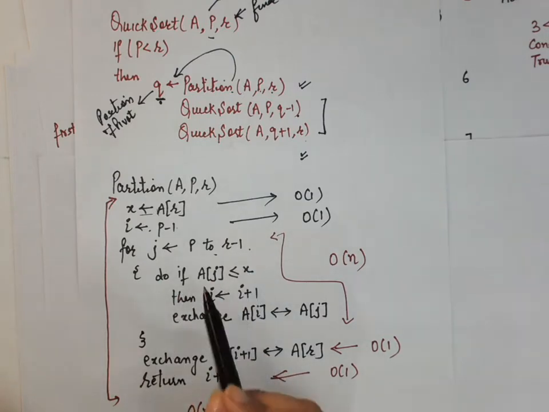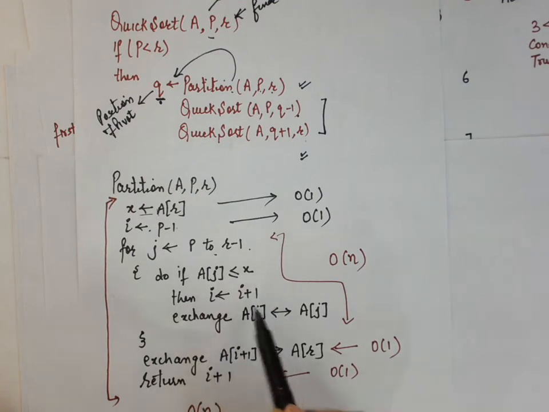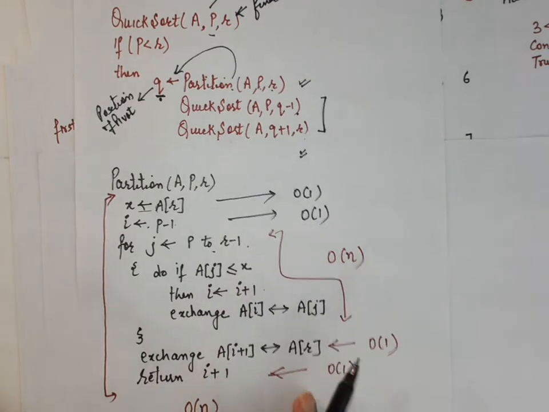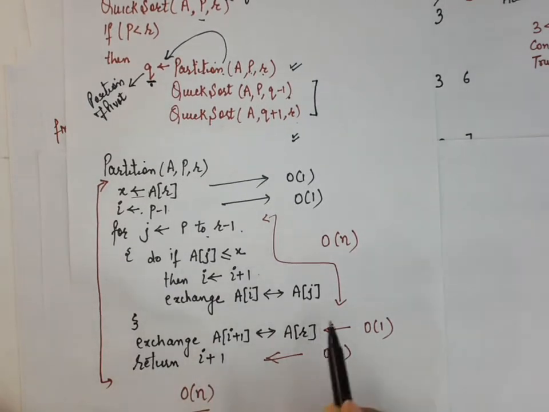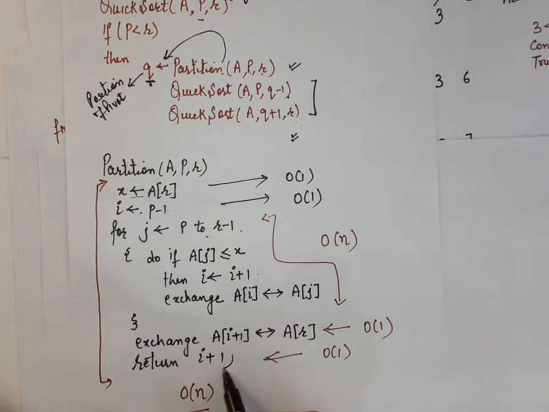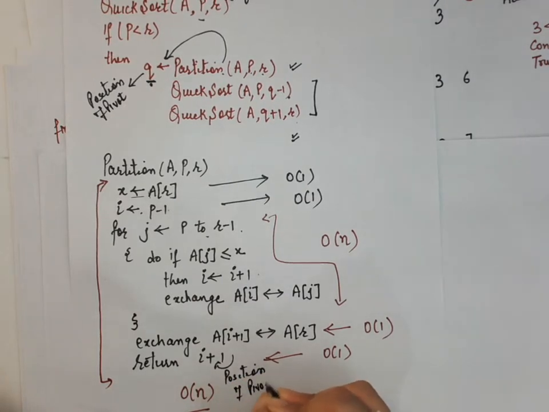Again we check if a of j is less than x, then we increment i by 1 and exchange a of i with a of j. Otherwise, if a of j is greater than x, no action is required, only j will be incremented by 1. And in the last, we exchanged the pivot element with your i plus 1 location, and this i plus 1 is the exact position of the pivot element.